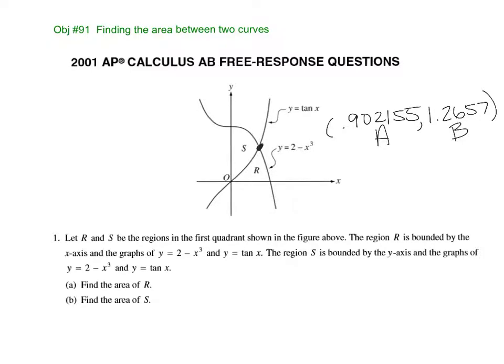All right, now looking at these two graphs, should we do them in terms of x or in terms of y for each of them? So let's look at R first. So for part A, R, do we want to go up and down or right and left? Now if I try to go up and down, I'm going to have two integrals. Something to 0.902 and then 0.902 until whatever that point is.